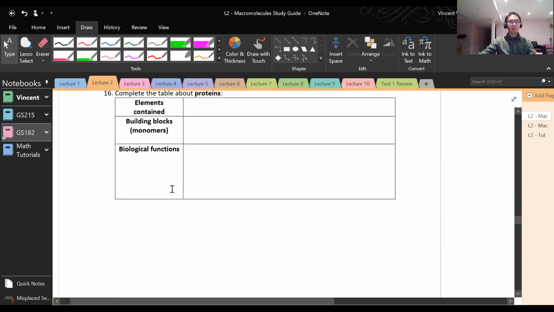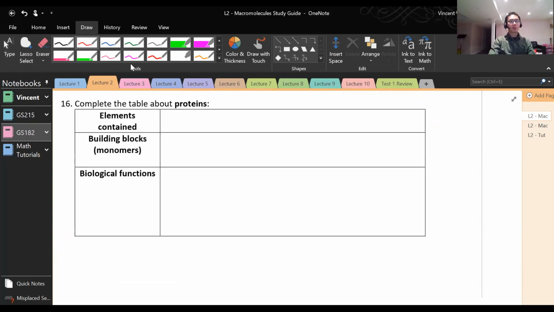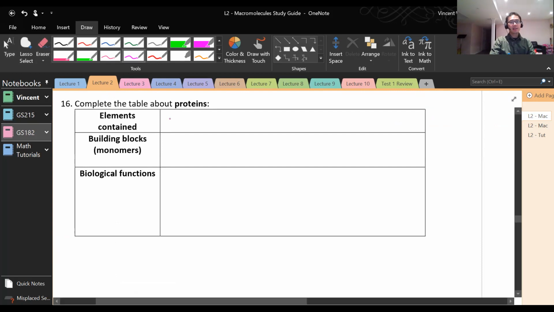Next one. Complete the table about protein. Elements. So what do we have? We have C, H, O, nitrogen plus trace of sulfur.